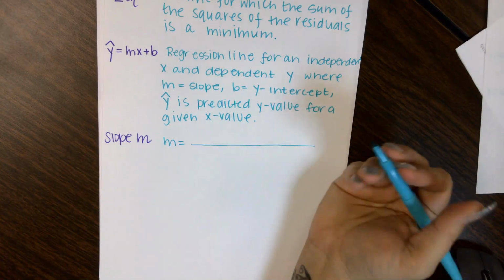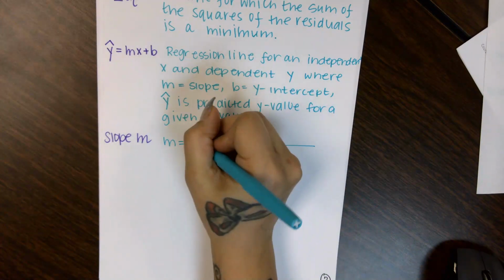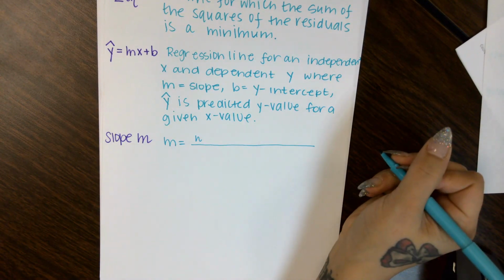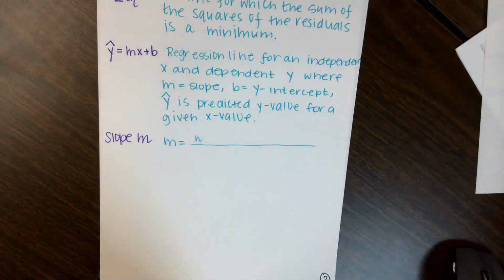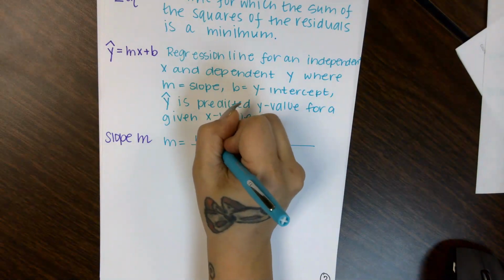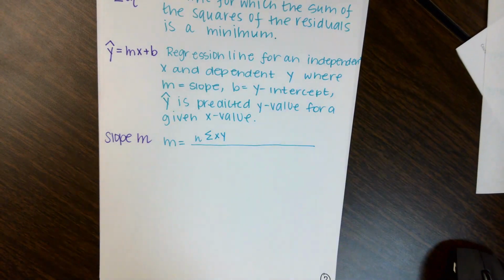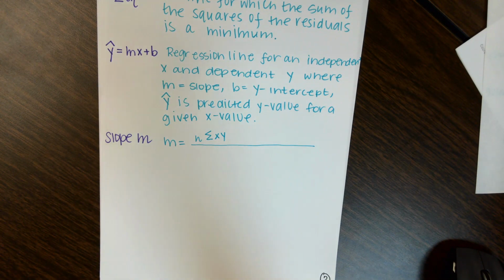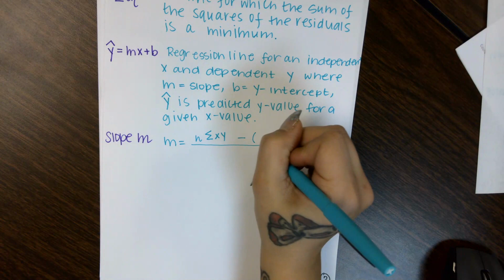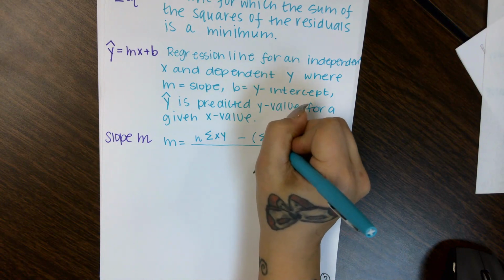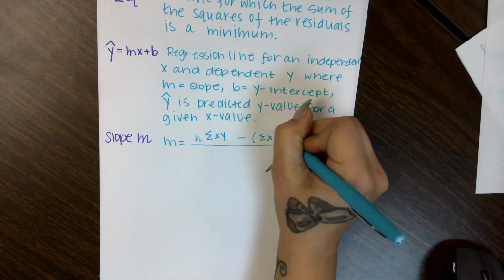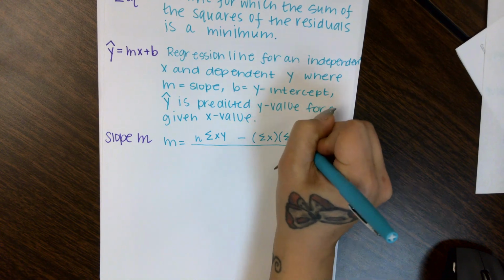So for the numerator, you're going to start with taking your number of data points, and you're going to multiply it by the sum of the product of x and y. Product meaning it was a multiplication problem, right? You're going to subtract from that, and then open your parenthesis, we have the sum of our x values, close your parenthesis, open again, and do the sum of your y values.